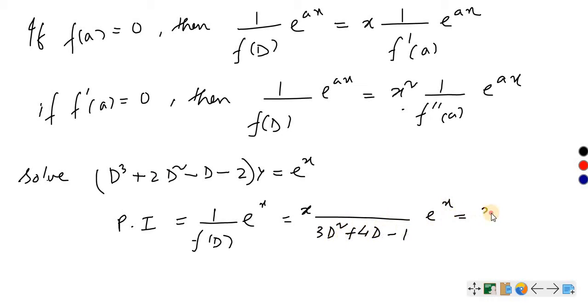Let us see: x e^x/(3·1² + 4·1 − 1). So we are getting 6, so x e^x/6. This is the value of the particular integral we are getting here.